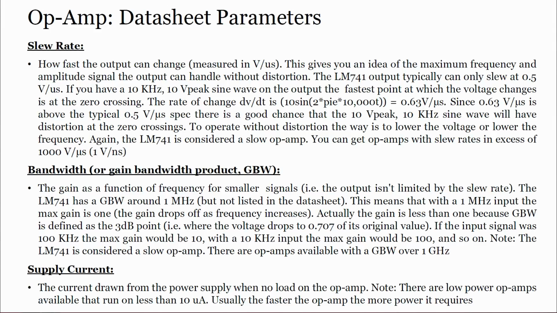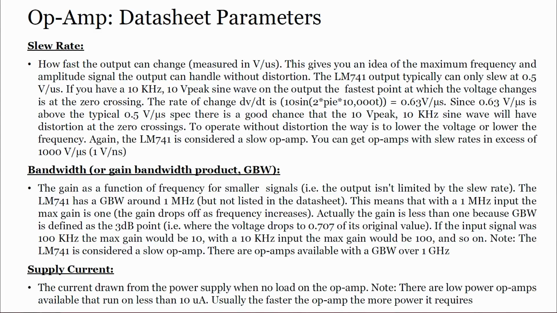Let us see this example. The LM741 output typically can only slew at 0.5 volt per microsecond. If you have performed the slew rate experiments, you will know that it is around 0.5 volt per microsecond. Now, if you have a 10 kilohertz, 10 volt peak sine wave on the output, the fastest point at which the voltage changes is at the zero crossing.